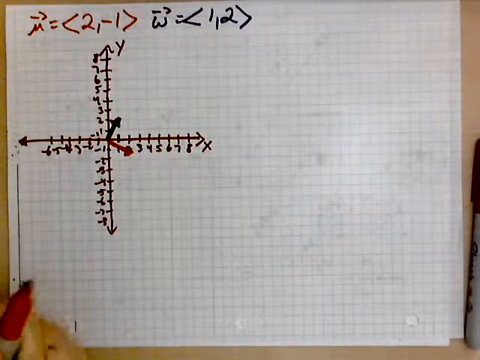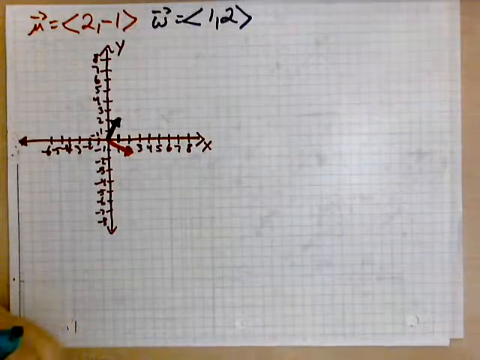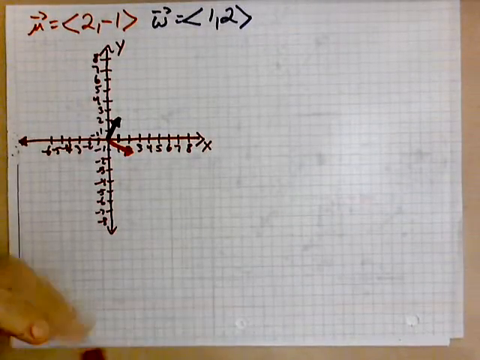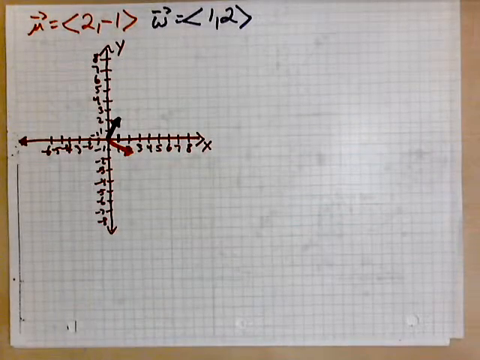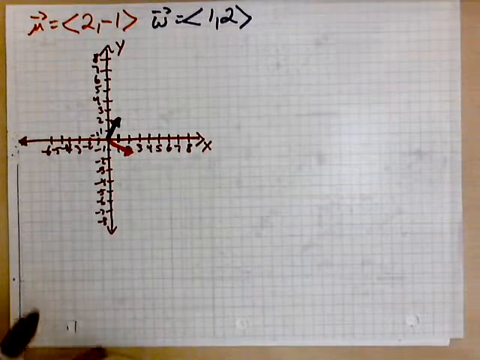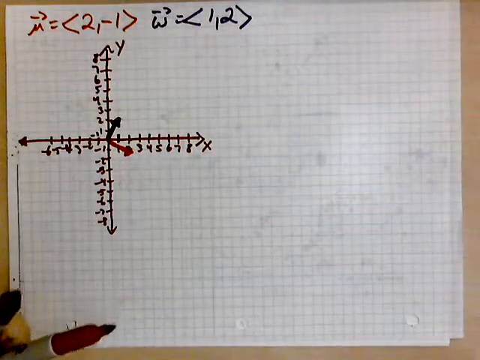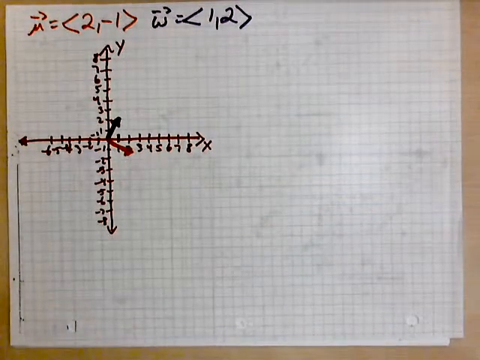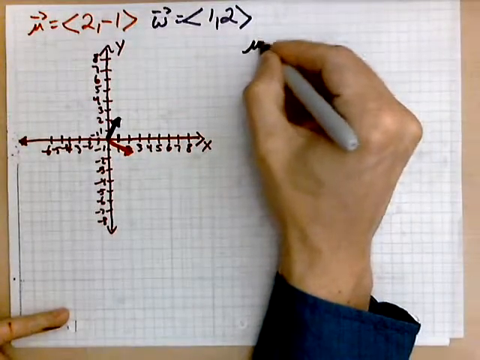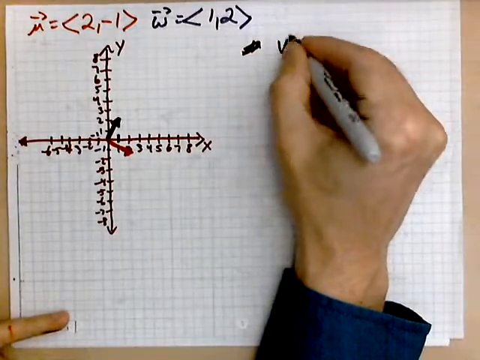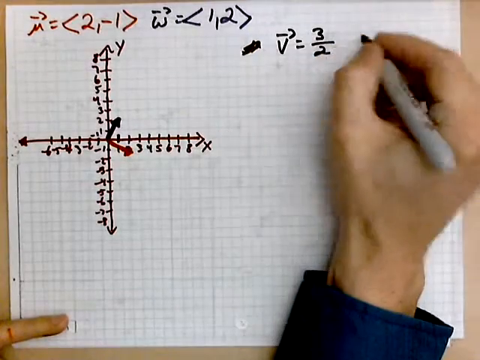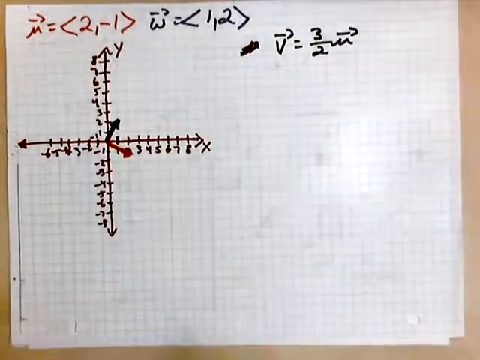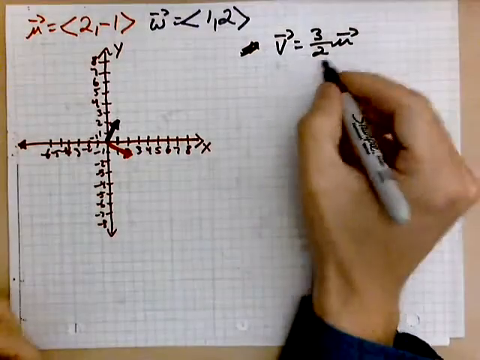Now we're going to take a look at little pictures to illustrate various linear combinations of these. Alright, so the first is this. Say you are asked to sketch a vector V that is 3/2 of u. So algebraically what we do is this.